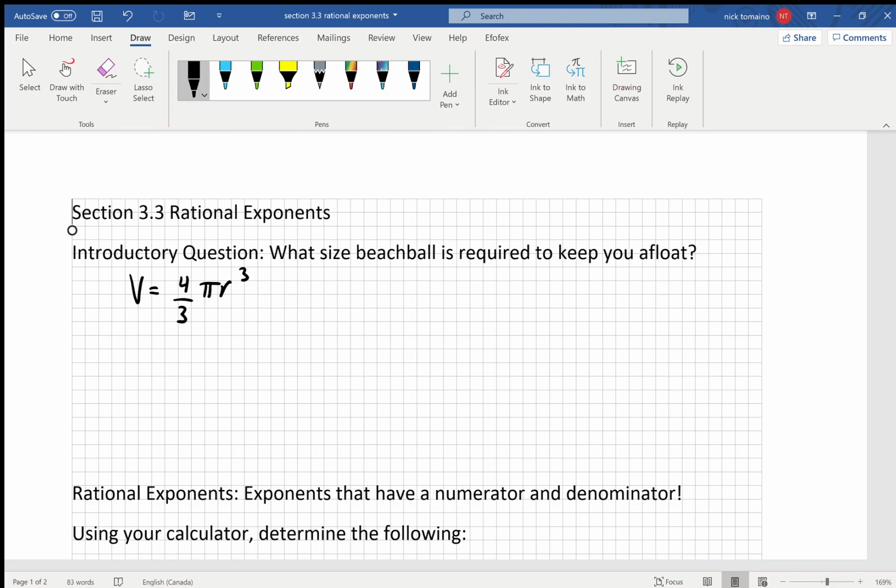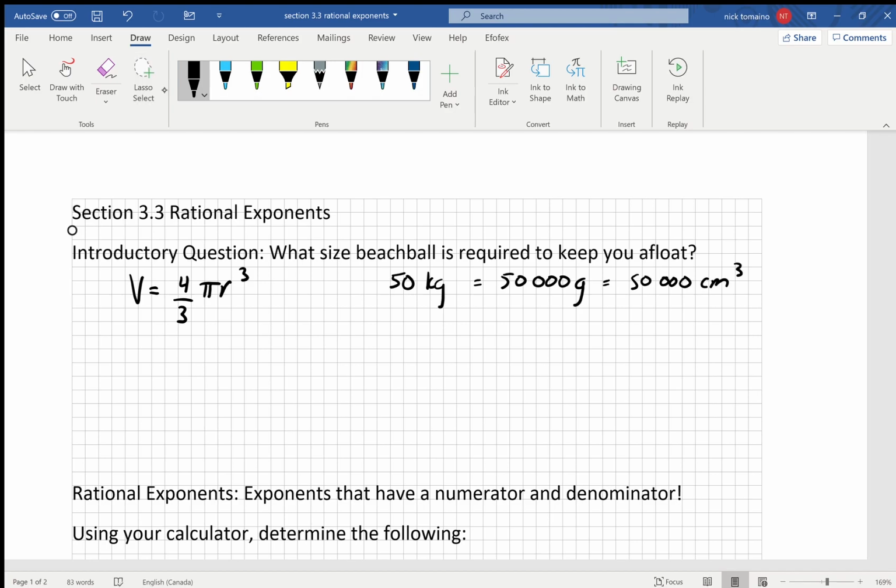Okay, so suppose that you weigh, let's say, 50 kilograms, which is equal to 50,000 grams, which is equal to 50,000 centimeters cubed.